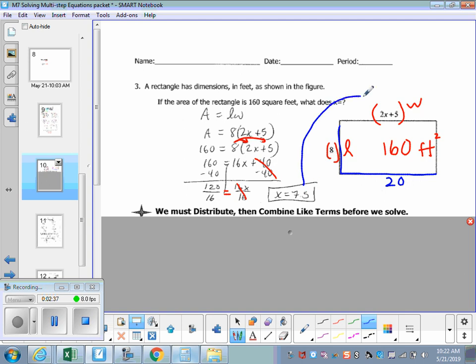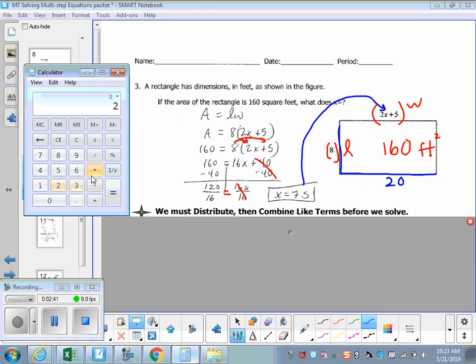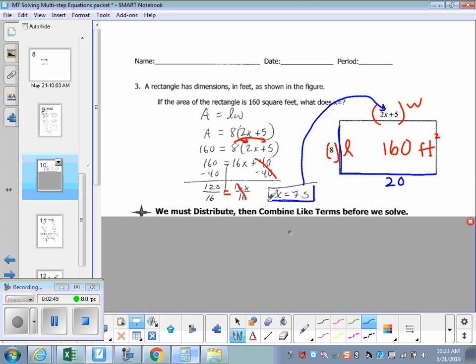So if this is a 7.5, 2 times 7.5 in the calculator, and now I'm going to add 5. Boom, we know that this is the right answer. 7.5 is the right answer for x because when I plugged it in, I did get a 20 here, and 20 times 8 works out to be 160.